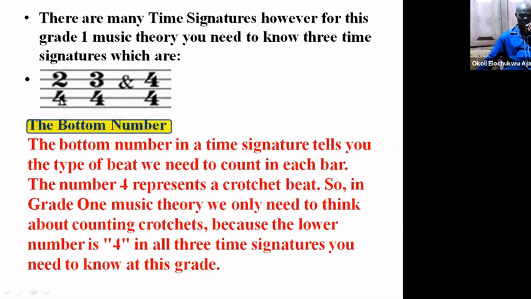So when you are talking about 2, 4, you are talking about placing 2 crochets in a bar. 3, 4 means 3 crochets in a bar, like 3 oranges, 3 mangoes, 3 pineapples. This 4 is the time name of a crochet. 4, 4 means 4 crochet beats in a bar.